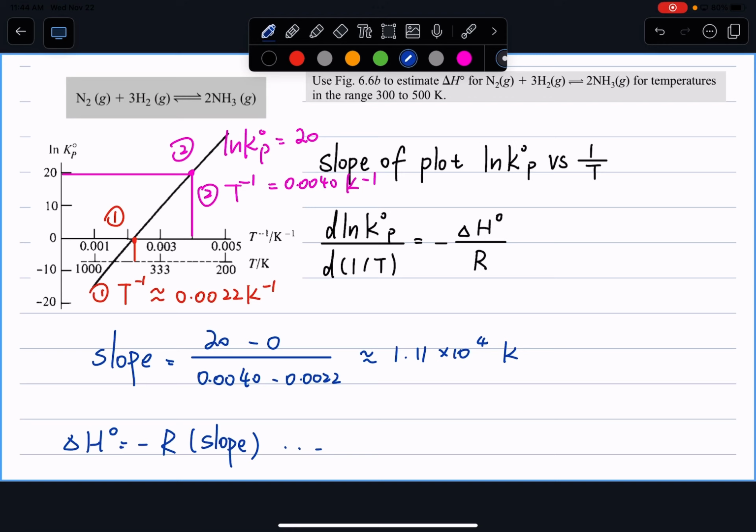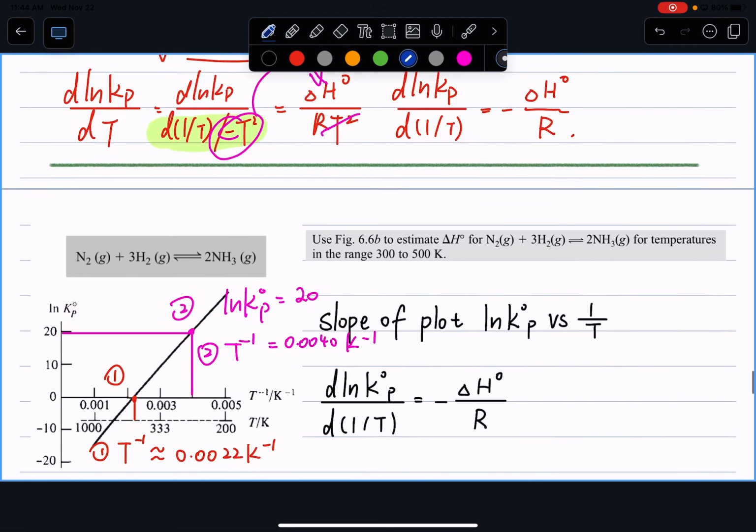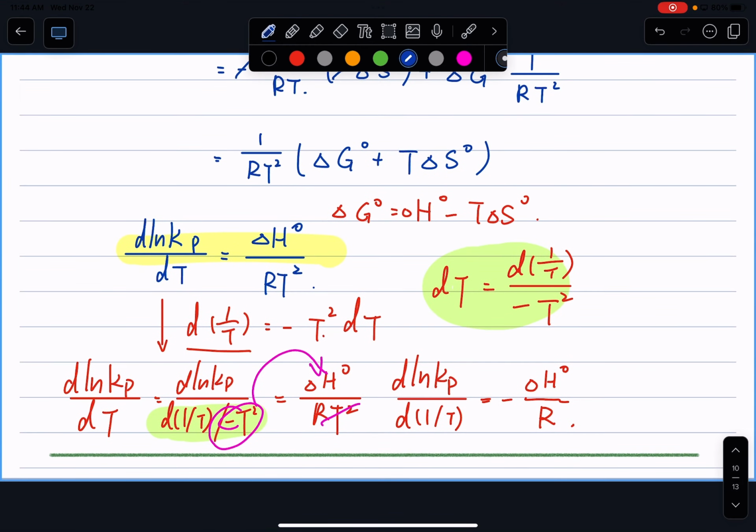No? Yes. Can you go up to the previous page? Yeah, and I think for the 1 over T, it should be equal to negative 1 over T squared. Which one is it? You want to just come here and point it out?